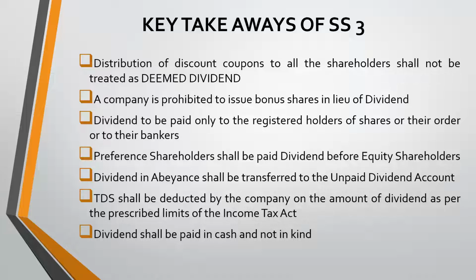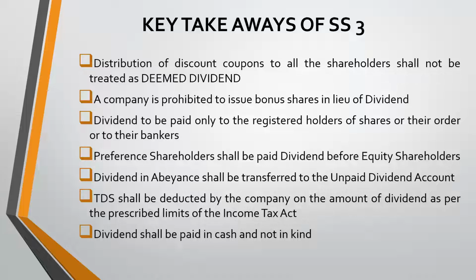Next, preference shareholders shall be paid dividend before equity shareholders. I think that is why preference shareholders are called preference; the word preference is put before their name because we have to pay dividend to preference shareholders before equity shareholders.